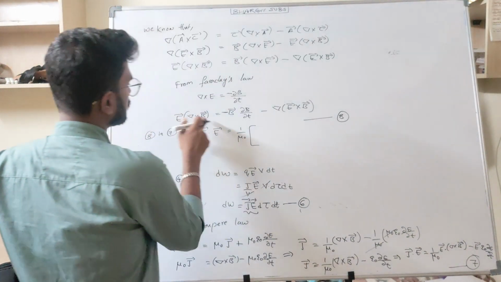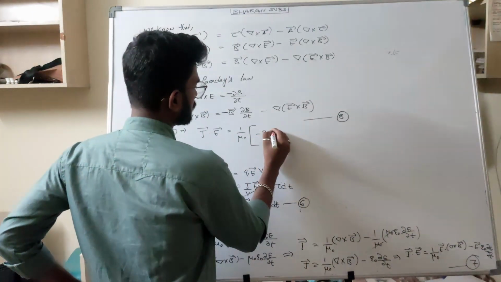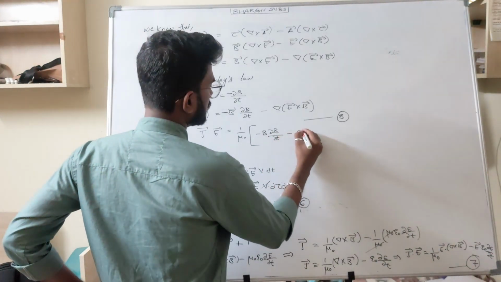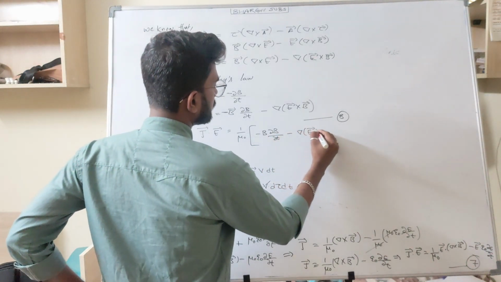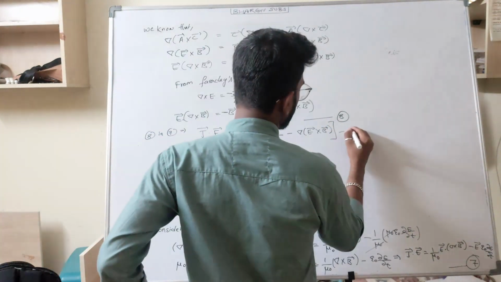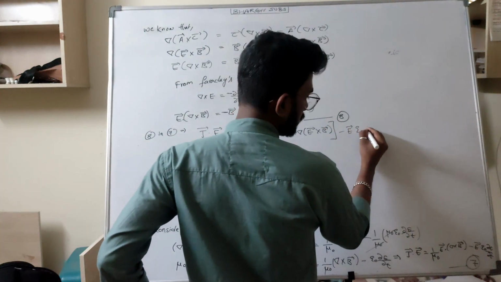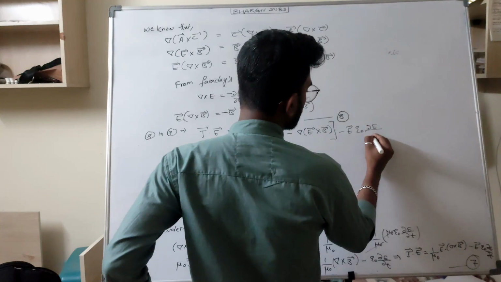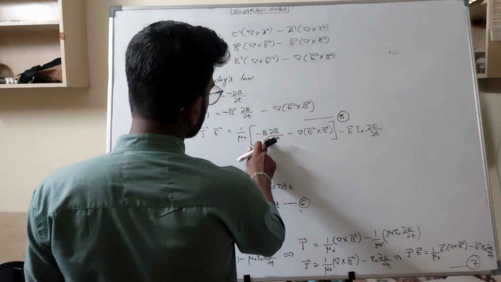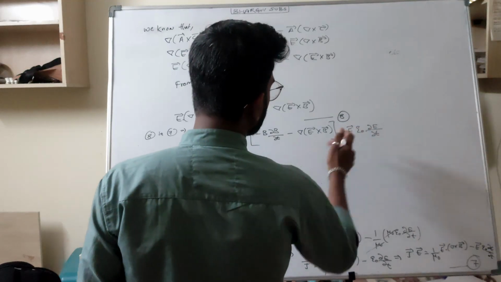E bar of del cross B bar is minus B dB by dt minus del of E bar cross B bar, minus E bar epsilon naught dE by dt. Correct? So I have values like minus B dB by dt, minus E dE by dt.